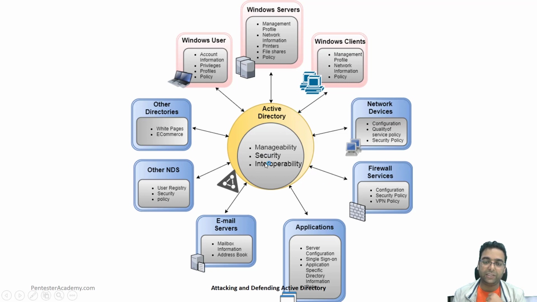It provides a centralized management, security, and interoperability of different types of objects. What types of objects? Windows users, machines, servers, clients, network devices, other directories, etc. Every object has different attributes and properties. A user may have account information, privileges, profiles, policy, and so on. A server may have a management profile, network information, printers, etc. That is how Active Directory looks like.